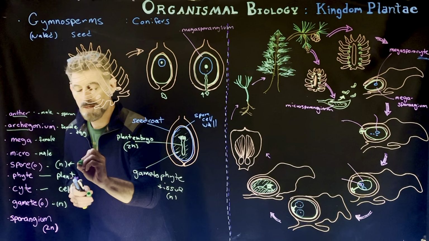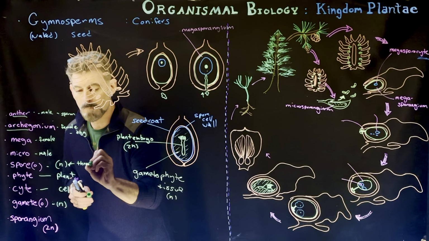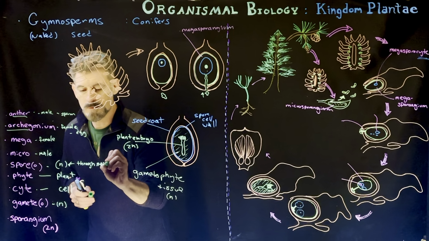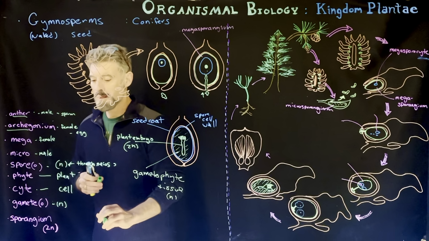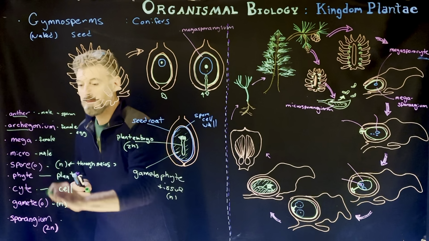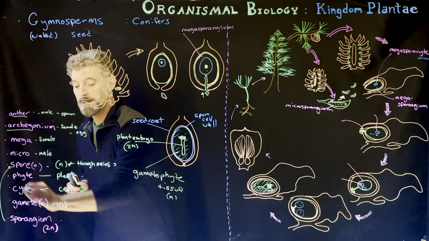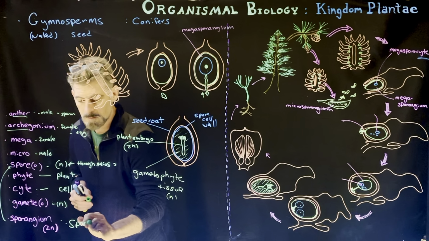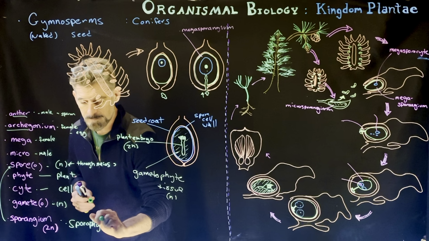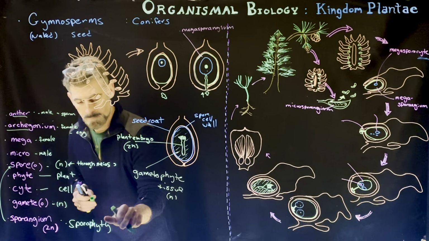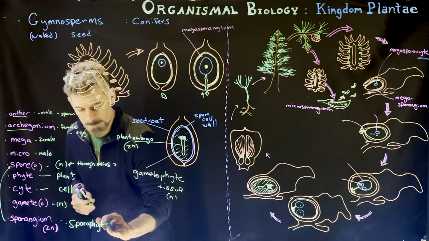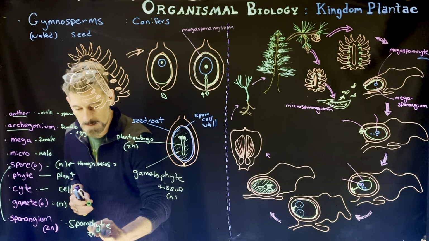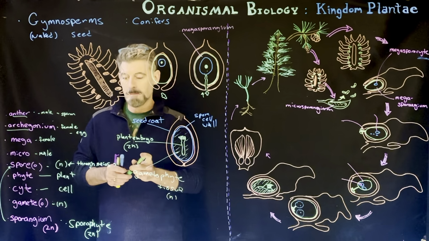This happens through meiosis, because the sporangium structure itself undergoes the process to produce the spores, and the organism itself, the sporophyte, is a 2N organism, so a diploid organism.